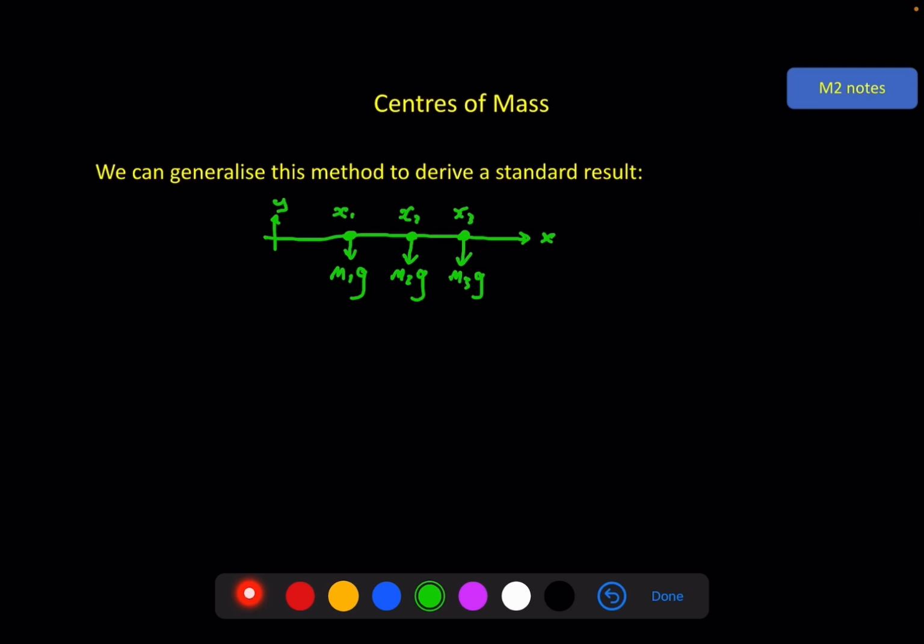It doesn't matter how many there are, it's always going to be the same process. And then we have our single balancing force, or equating it to a single centre of mass force, depending on how you think of it.